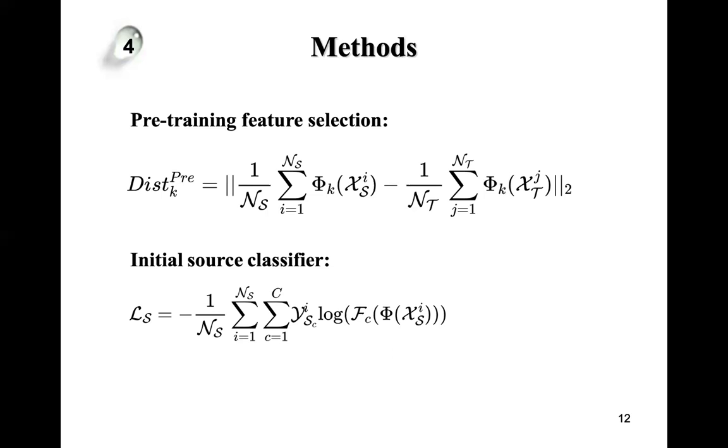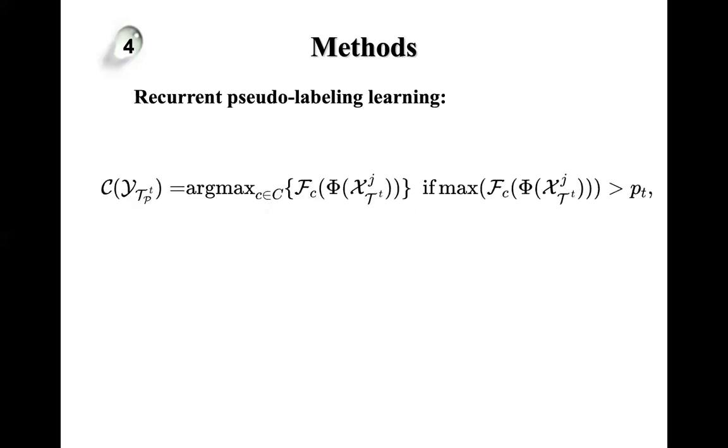In the next process, that is recurrent pseudo labeling, an obvious question can be, how can we define the high confident example? So we actually take the probability of the prediction from the trained source domain classifier, and if it is bigger than a certain threshold, we will treat that prediction for the target domain as a high confident example.